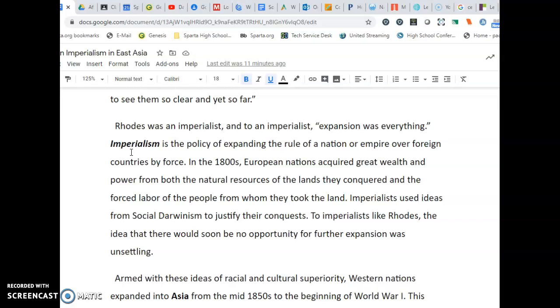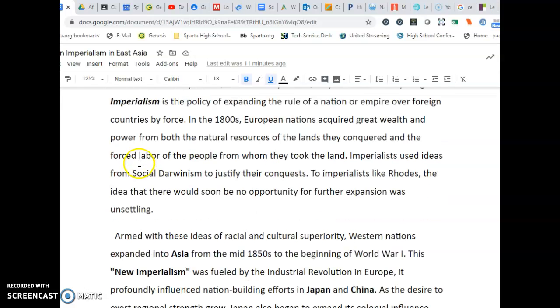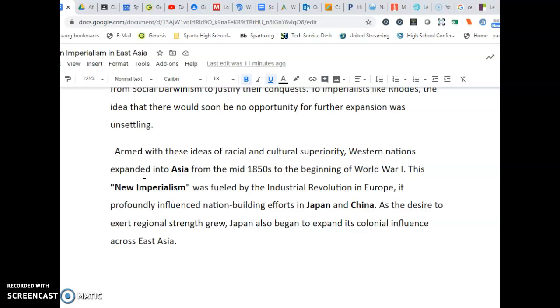And this could be done either economically, politically, culturally, or militarily. You're also going to be reading information about what motivated the Europeans, as well as why they were successful in their efforts in regards to Western imperialism in East Asia. And as you read down, you will see more information regarding Japan and China.